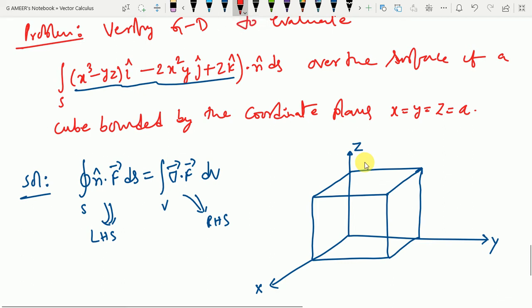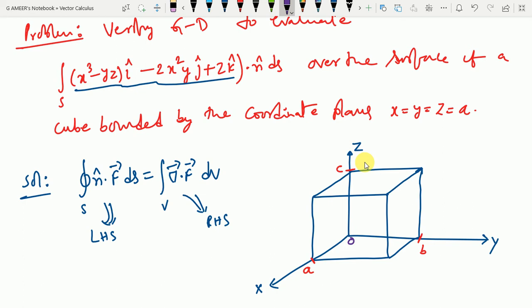So he said it will be x equal to a. The coordinates will be here it is a, and y is equal to b, and z is equal to c, here like this. Let us make the origin 0.